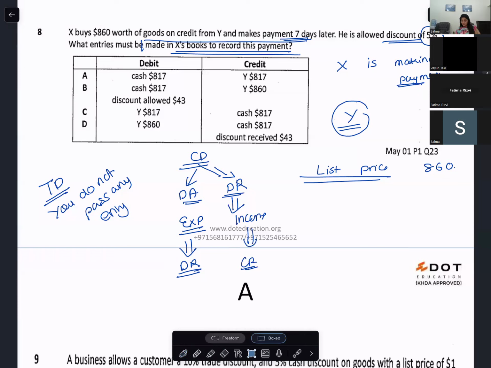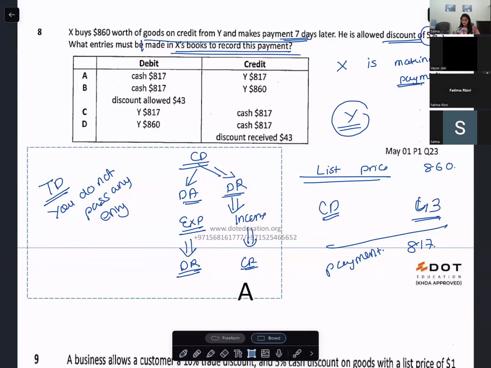Now understand, cash discount is 5%. 860 into 5% is 43. So after you minus, what is the payment amount? 817. Very good.